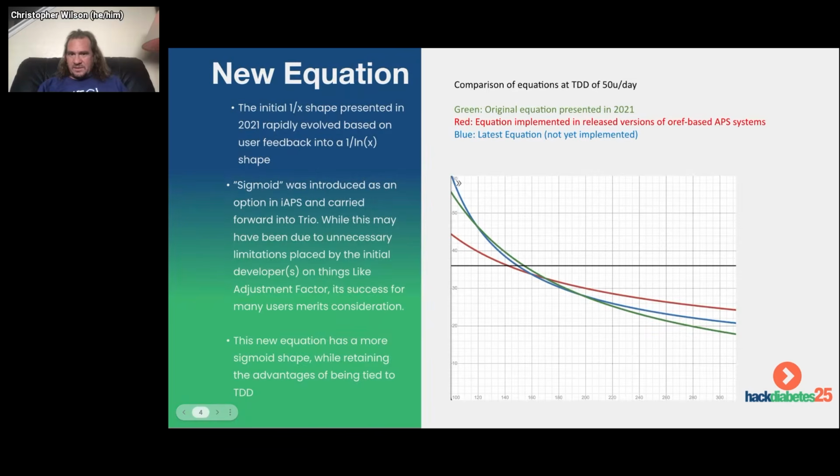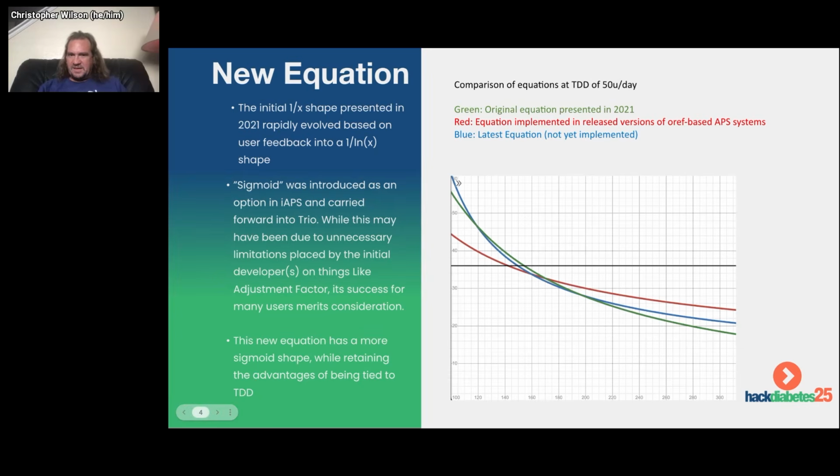So the new equation, you can sort of see it's the blue line here. The green line is actually what I proposed at the D-Data event 4 years ago. The red line you see there is what was actually implemented in Android APS and the other ORF-based systems as the quote-unquote logarithmic dynamic ISF. And then the blue is what I am proposing today.